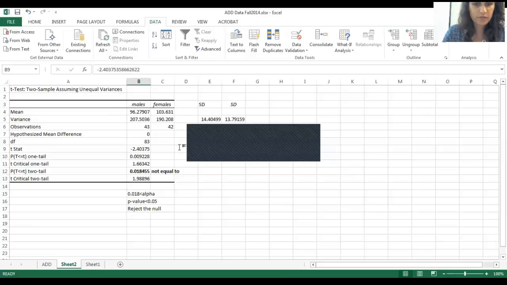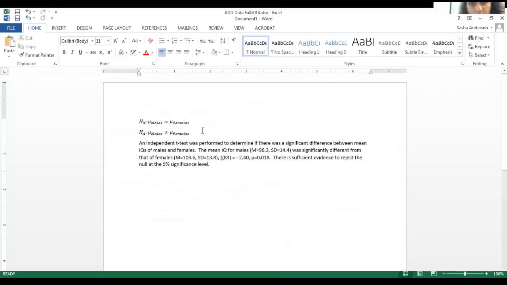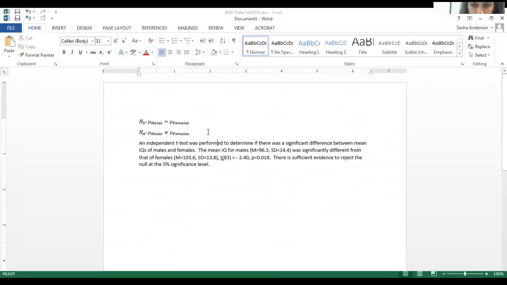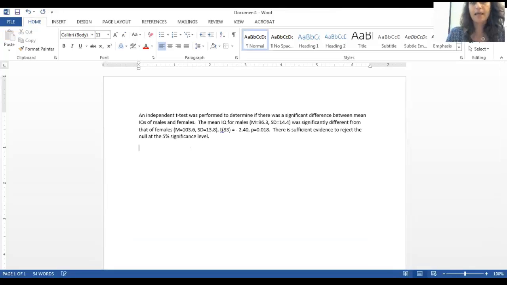Sometimes they put degrees of freedom in here. Degrees of freedom, they're saying, are 83. And then we have the p-value, p equal to 0.018. There. And that's it. I'm done with that half of step 5.